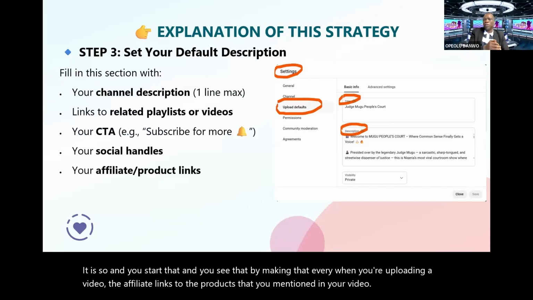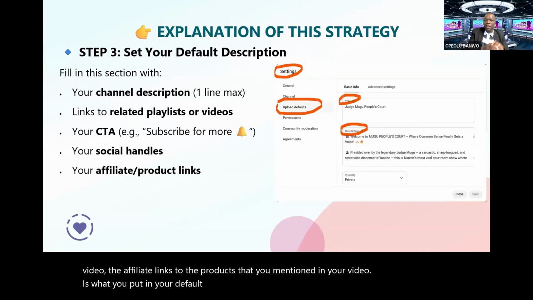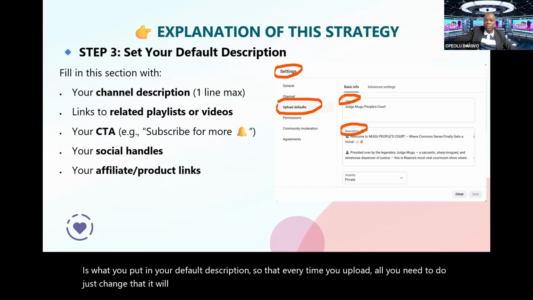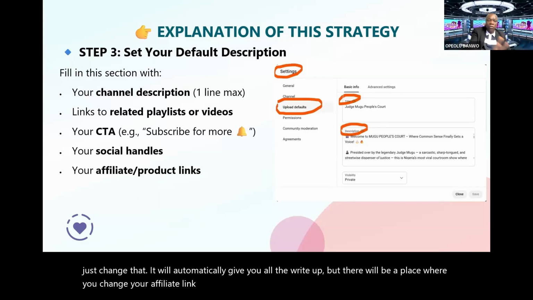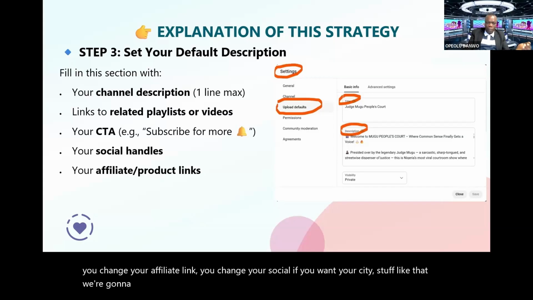in your default description, so that every time you upload, all you need to do is just change that. It will automatically give you all the write-up, but there will be a place where you change your affiliate link, you change your social handle if you want, your CTA, stuff like that. We are going to do an exercise in a minute.